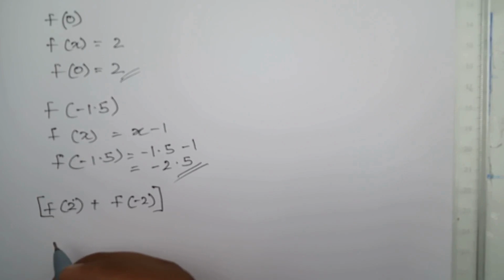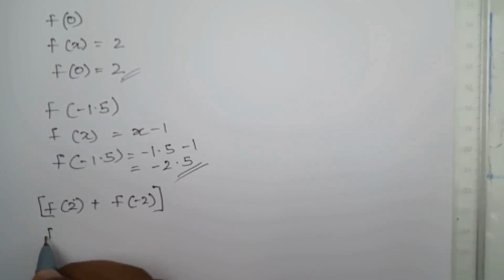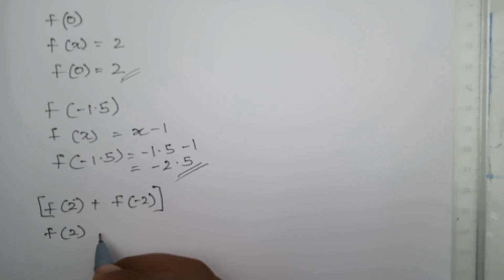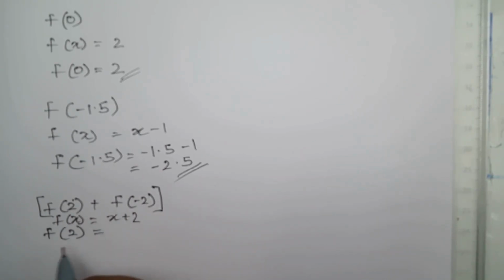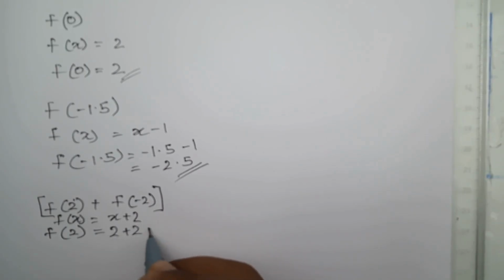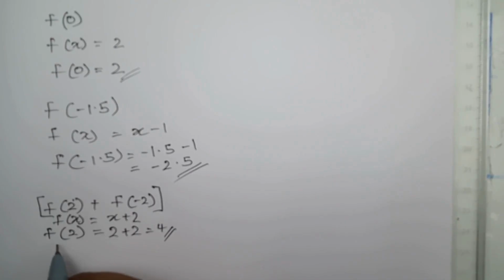Okay, now we will do the fourth bit. First we will find what is f of 2. For f of 2, f of x is equal to x plus 2, right? For f of 2 it is 2 plus 2, so it is 4. 4 is the answer for f of 2.